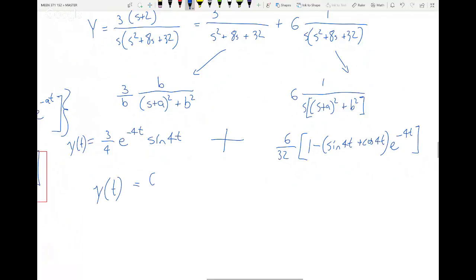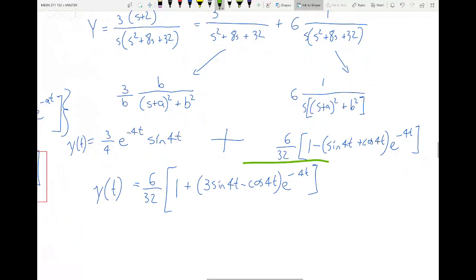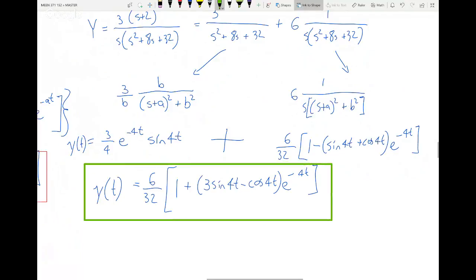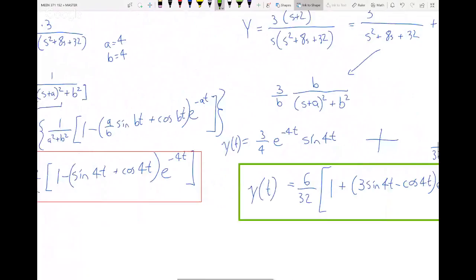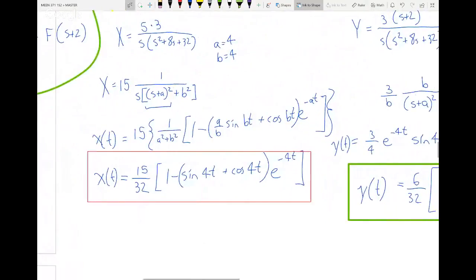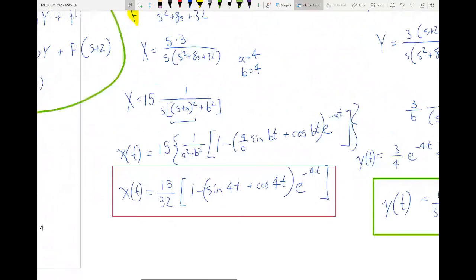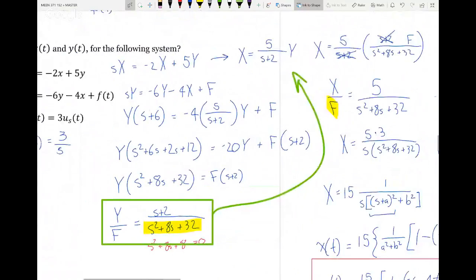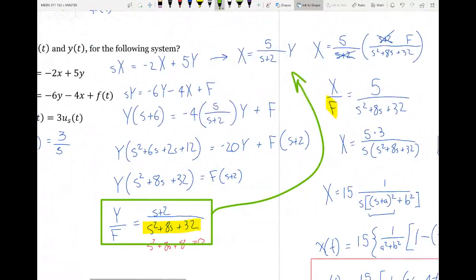This is going to be 6 over 32 times [1 plus 3 sine 4t minus cosine 4t] e to the negative 4t. And that is going to be the final solution for your y. Here it is for your x. But since I changed some things to make it a little bit easier, I just had you stop at the characteristic equation, and that is where you got full credit.